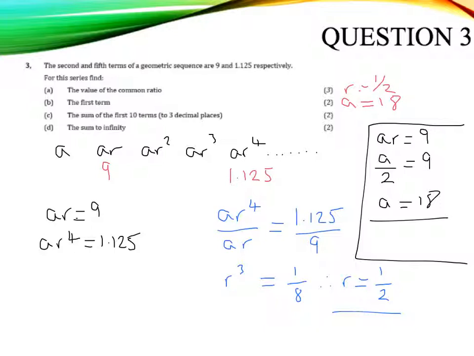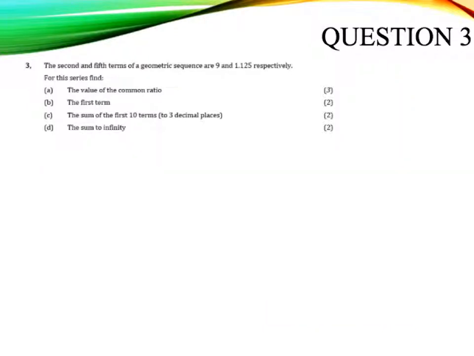So let's look at part C. Part C says the sum of the first 10 terms. Again, we can use a formula that's in our formula booklet.